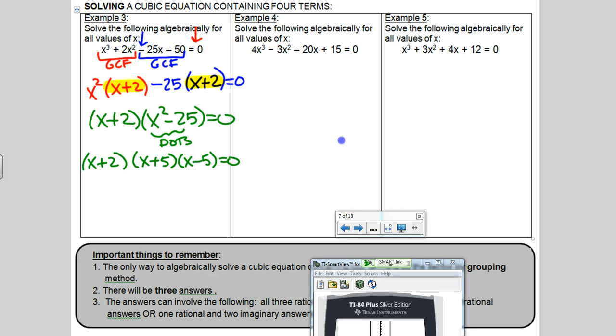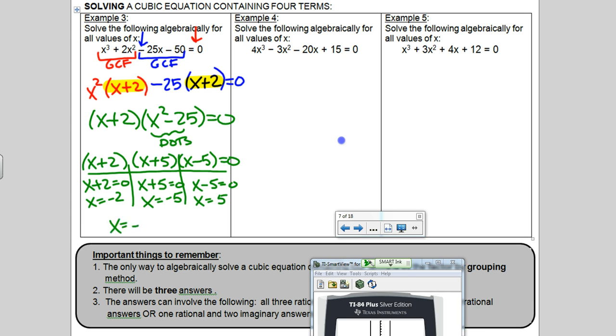All right, and setting all the factors equal to 0. All right, and there are 3 answers, which is what we expected because we had a power 3 as our highest power, so we expected 3 answers.